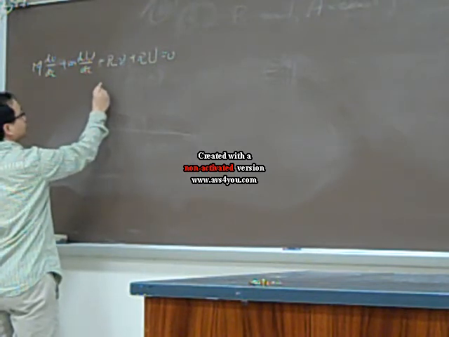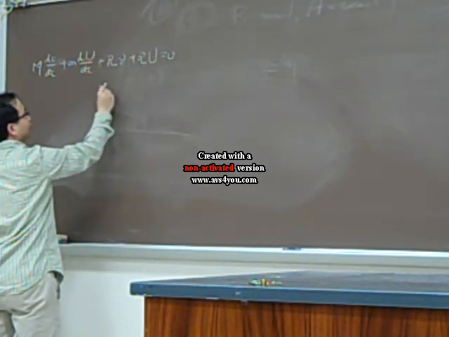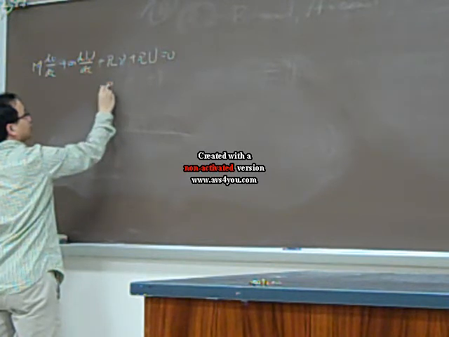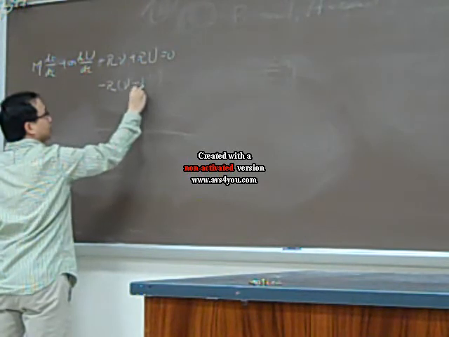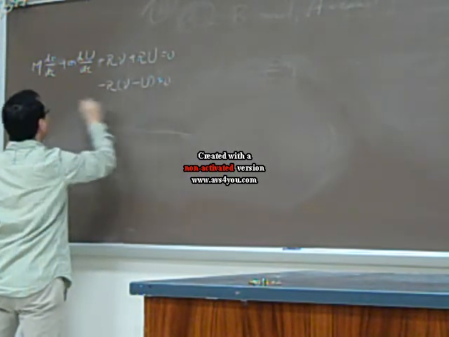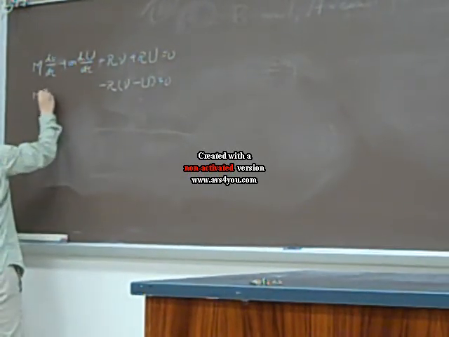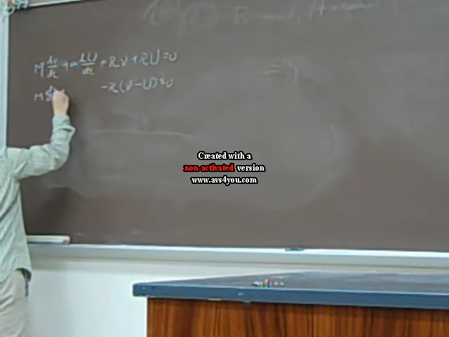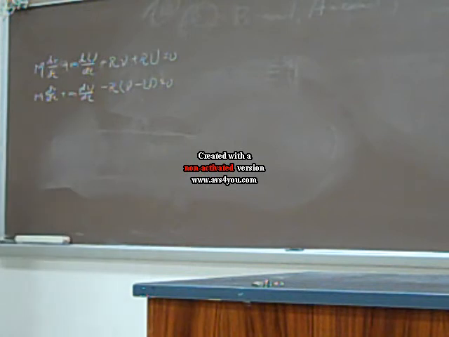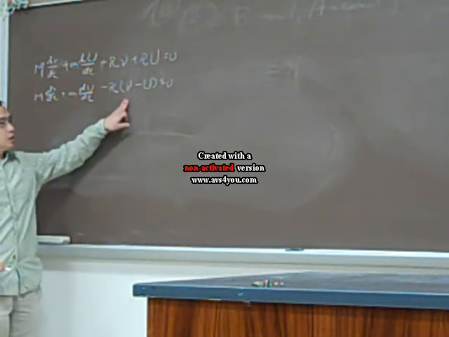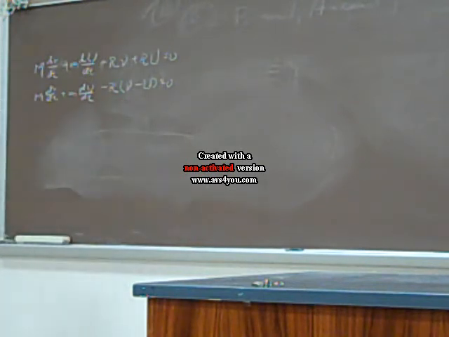And so you get negative, and those two can be combined. You see that if you factor out r, you get v minus u. Okay, here we just write it down first. And by the definition, what is v minus u?